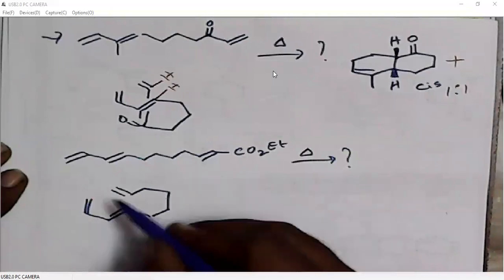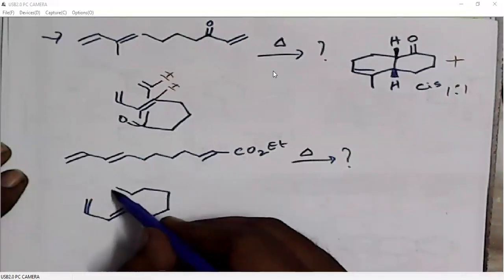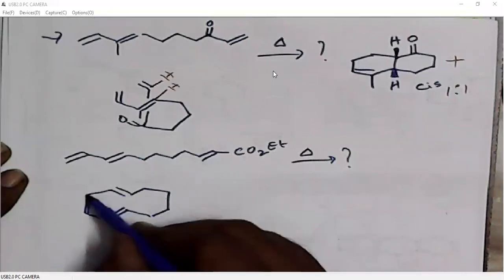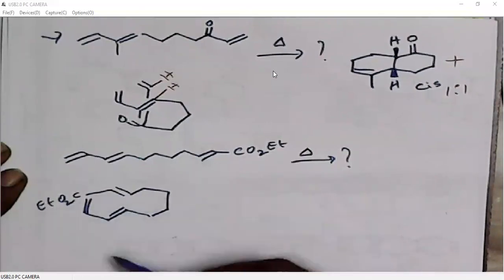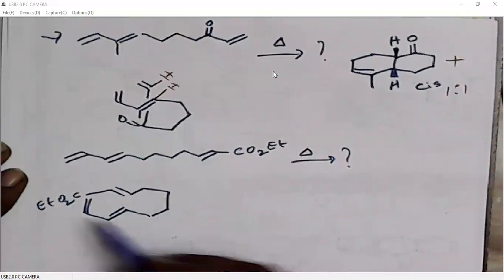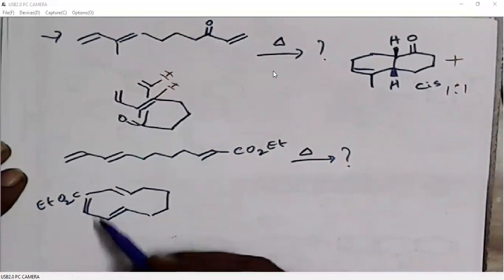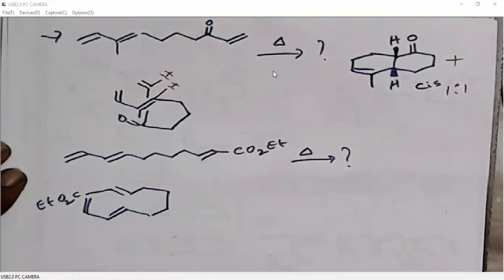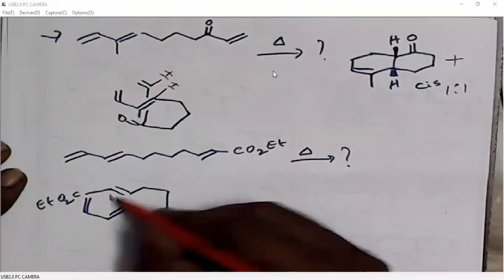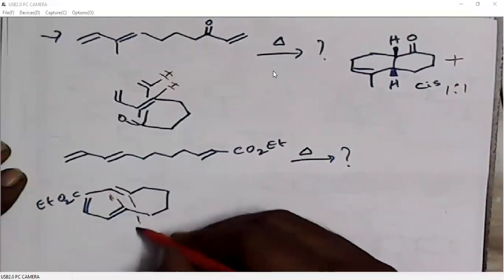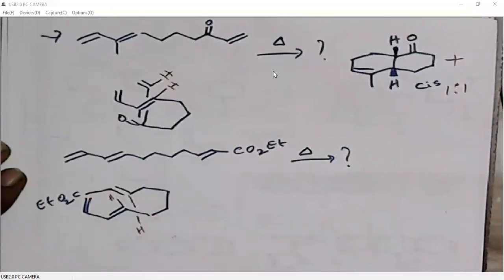Now, if the CO2Me ester group is following the endo rule, that means this ester group must be nearer to this. When we write like this, these two hydrogens, hydrogen here and hydrogen here, both are exactly opposite.